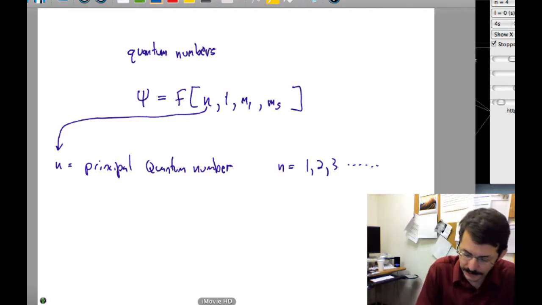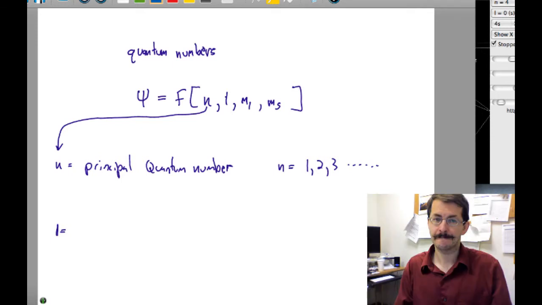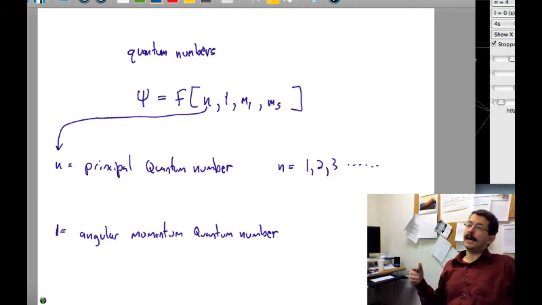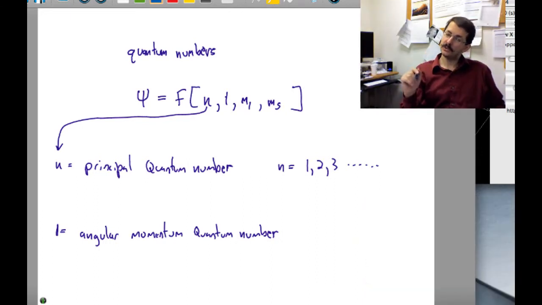Now, the values of l is the angular momentum quantum number. And we've already seen indirectly what l relates to. Angular momentum quantum number relates to the subshell. So this is roughly the shell. This is roughly the subshell.